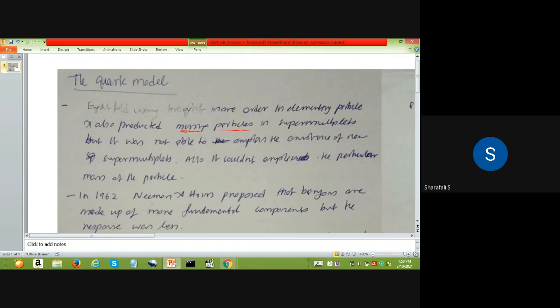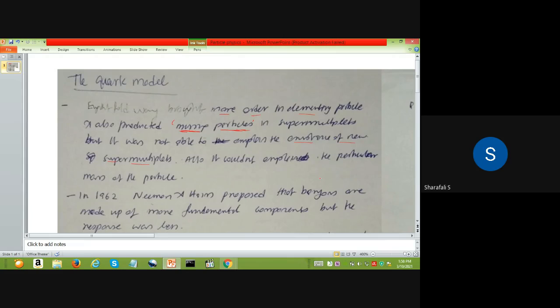So this eightfold way was able to give a more ordered, classified structure to the elementary particles, and it also predicted the missing particles like omega minus in supermultiplets, but it was not able to explain the existence of new particles or new supermultiplets, which were also not known at that time.